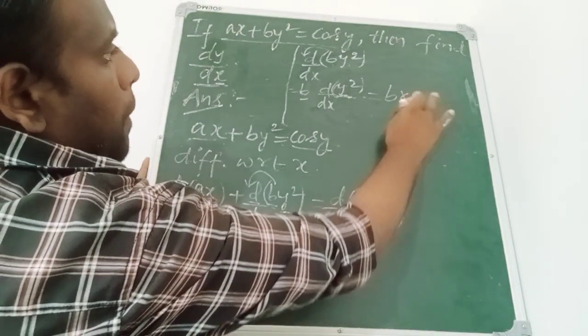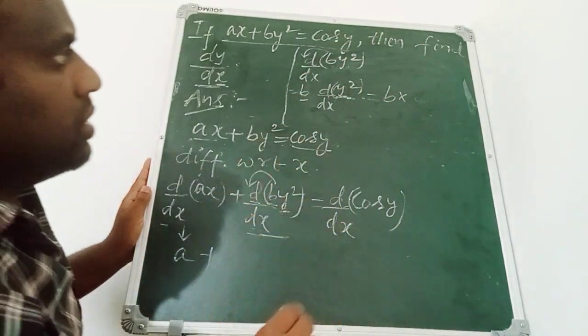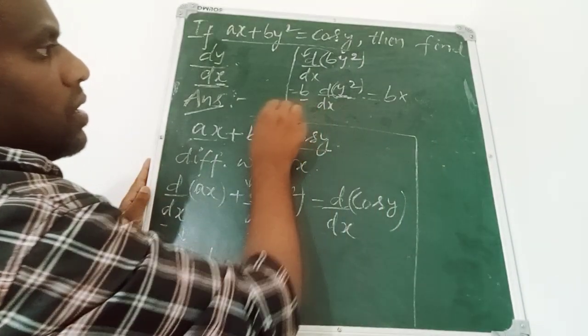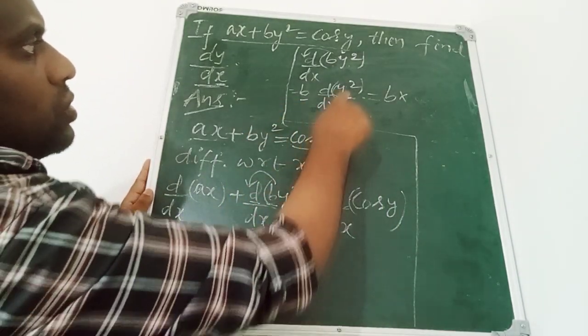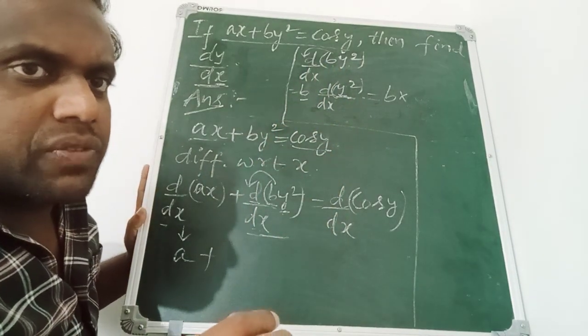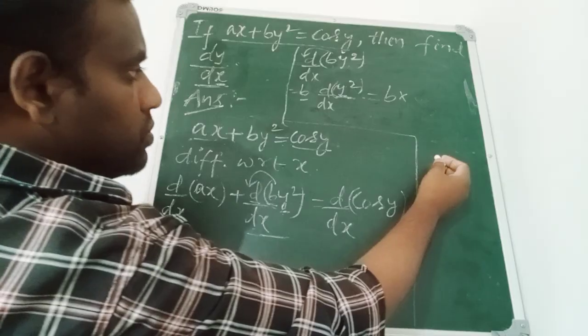I said there are two functions, so y square is there. First consider y square. For differentiating y square, I will use the general formula.